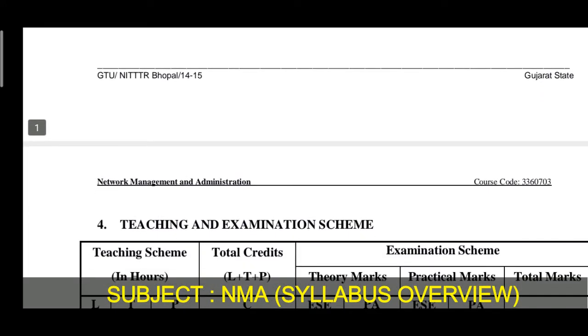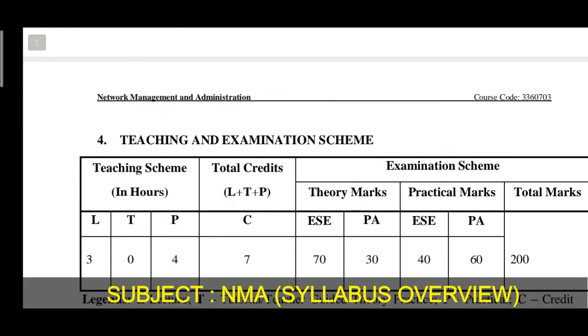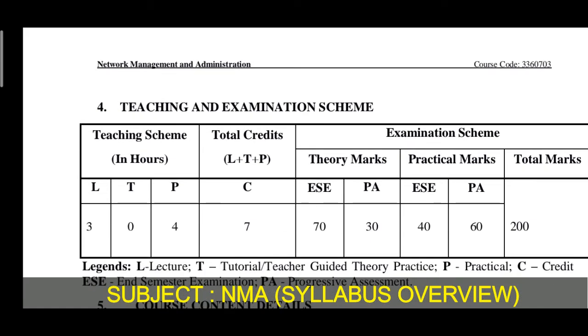Here the teaching and examination scheme for NMA: in the teaching scheme, L stands for lectures, theory based, T stands for the tutorial, teacher guided theory practice, and P stands for practical.